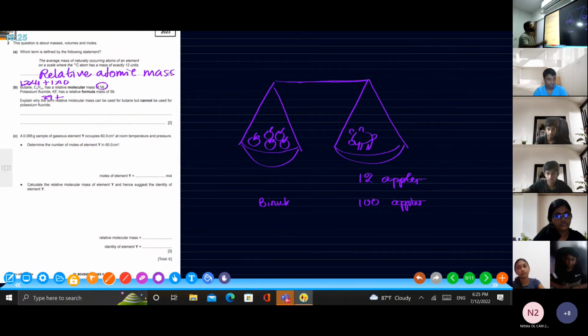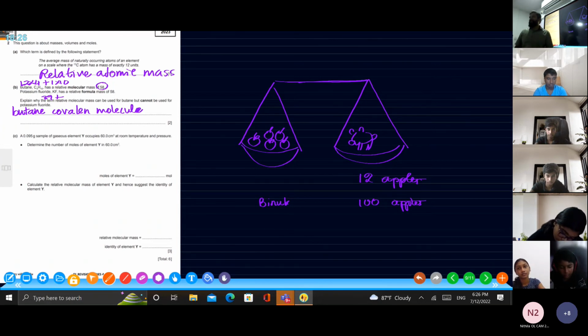But why can't you use the word? Because butane has carbon and hydrogen, both non-metals, so it is a molecule. Butane is a covalent molecule, so you call it molecular mass. But potassium fluoride has no molecules.